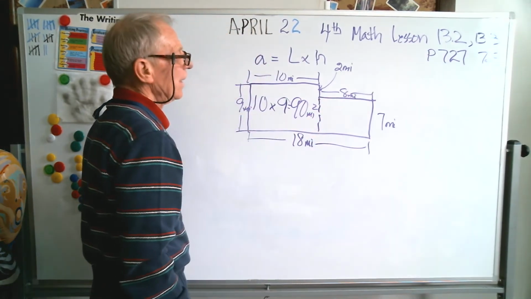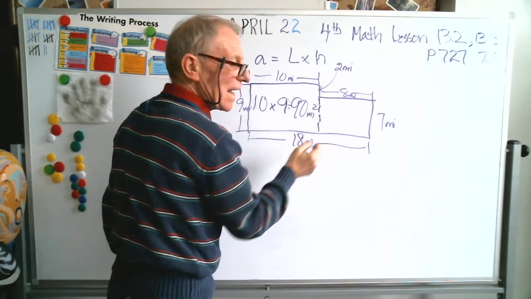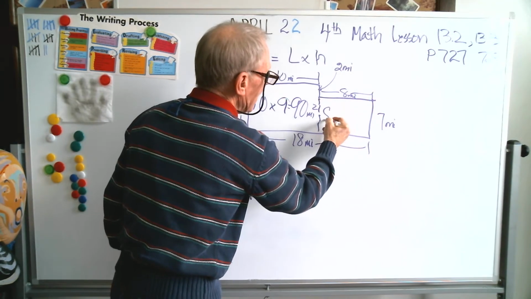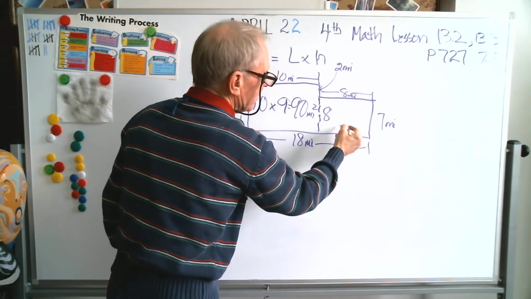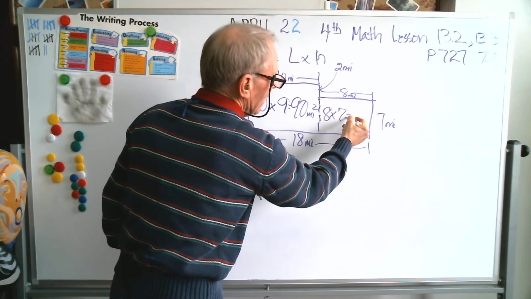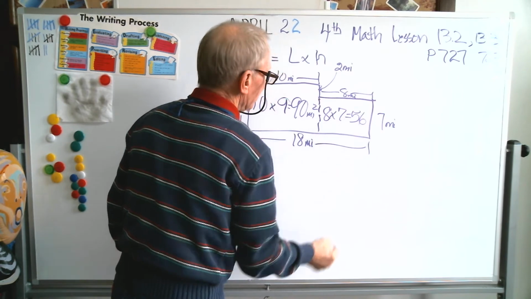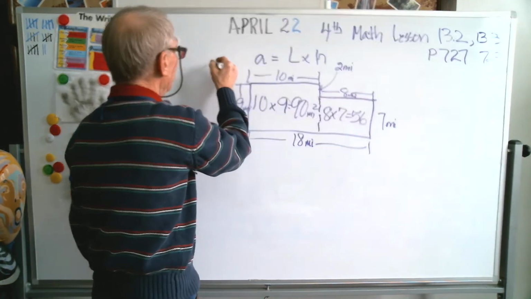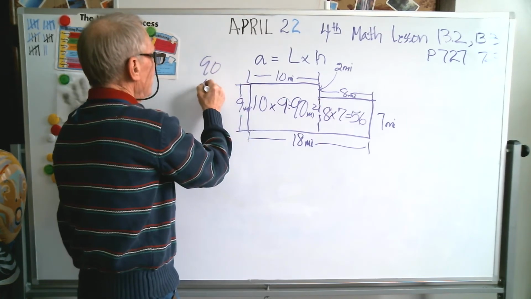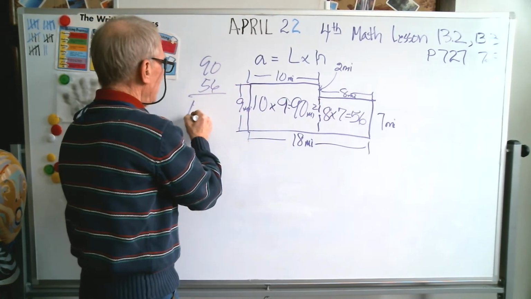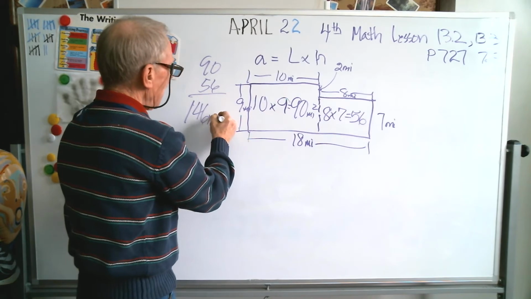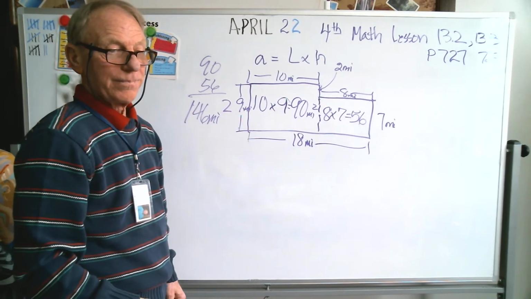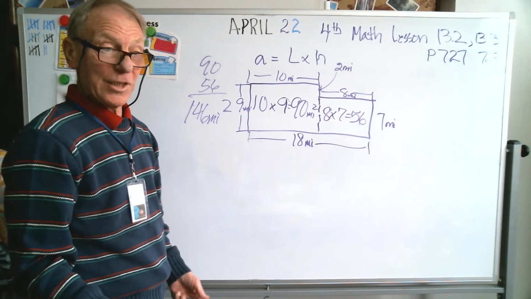squared. From here to here is 8 miles, so the length is 8, and the height is 7. That's 56 miles. So we have 90 and 56. We add those together. 90, 56, it's 146 miles squared. See how easy that is?